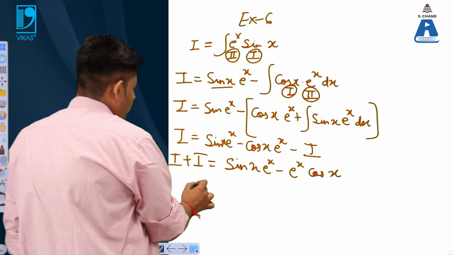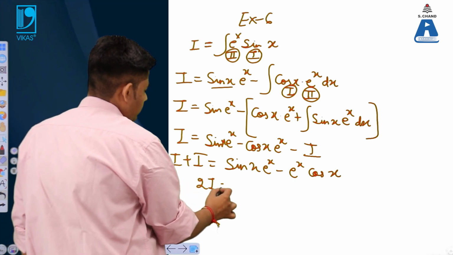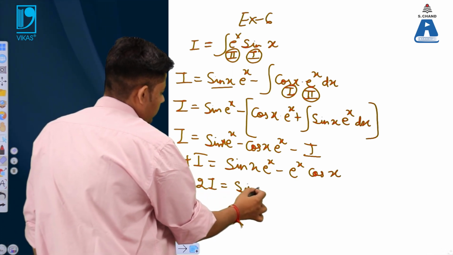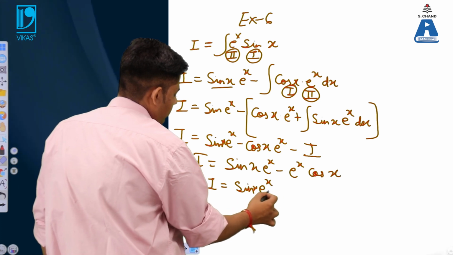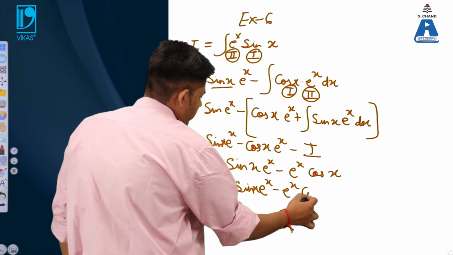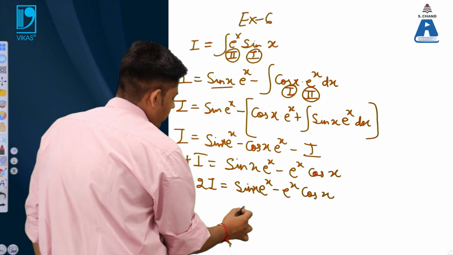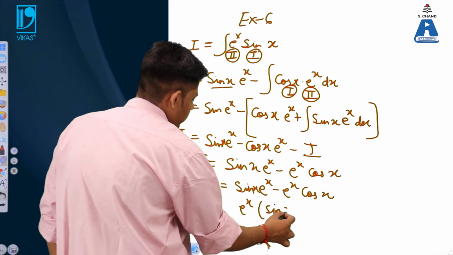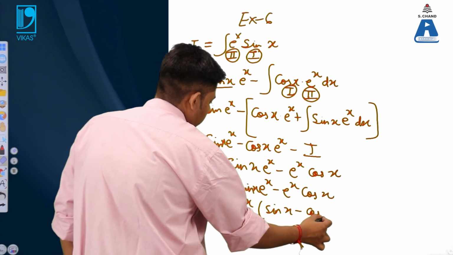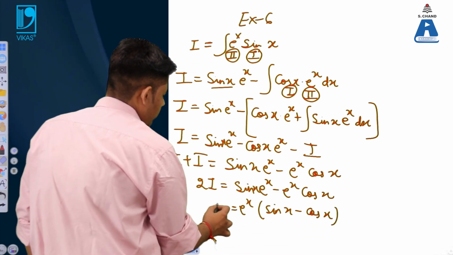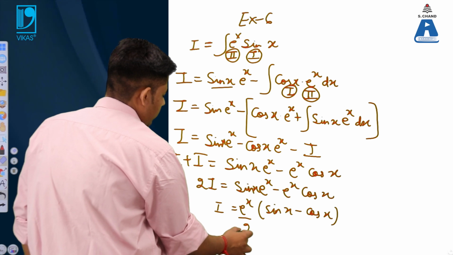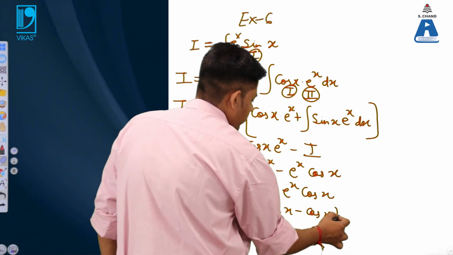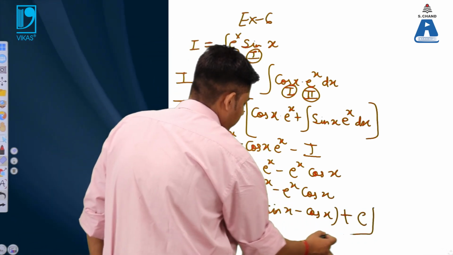So this would be 2I, and 2I equals sin x e raised to the power x minus e raised to the power x cos x. So what you can do here is take e raised to the power x as common. You will get sin x minus cos x, and I and I would be 2I, as we have already written. So that would be divided by 2, and you will get plus c here.